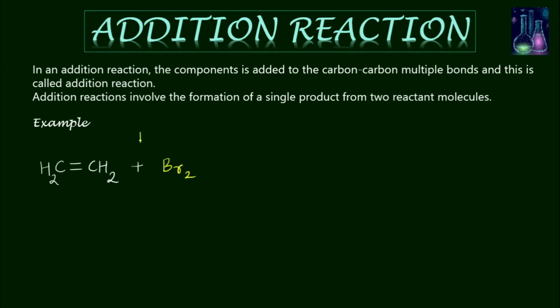Now, bromine atoms are covalently bonded to each other by a single bond. During addition reaction, this bond breaks. This carbon adds to one of the bromine atoms. The other carbon is added to another bromine atom. Therefore, we can say that bromine is added across the carbon-carbon double bond.